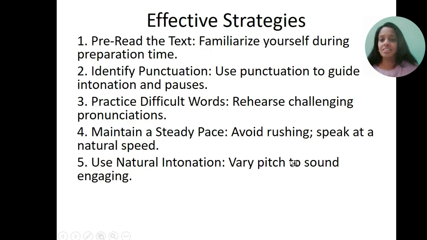And let's see some of the effective strategies for this task. Pre-read the text. What do you mean by that? You have to use the preparation time to familiarize yourself with the text and identify punctuation. Note commas and periods to guide your intonation and pauses.